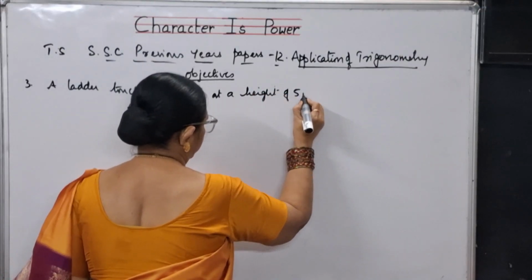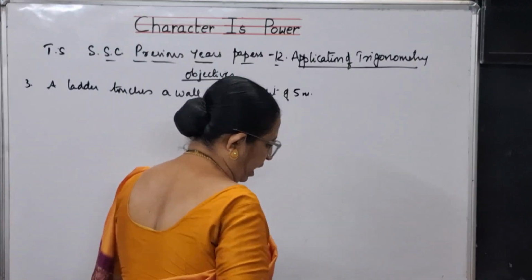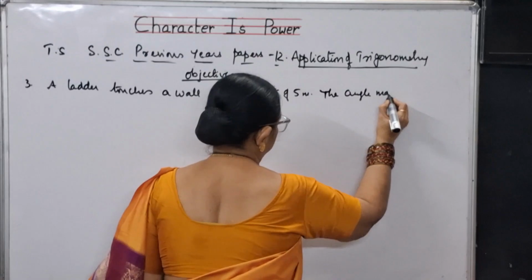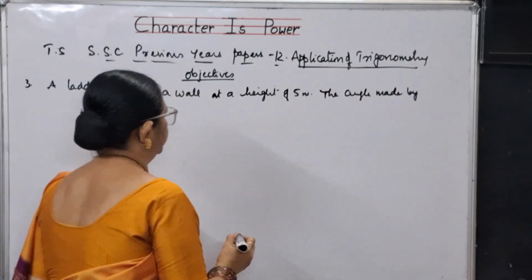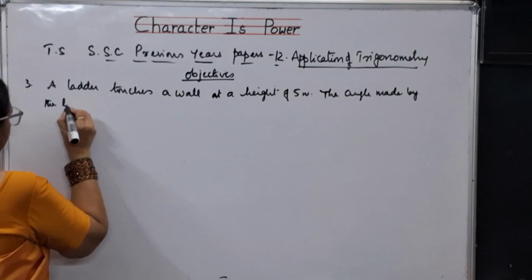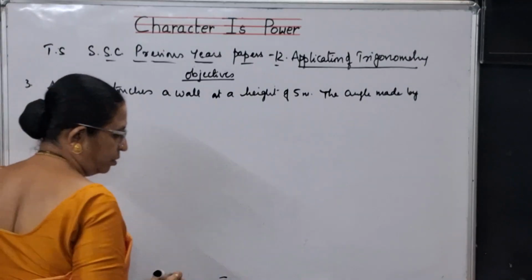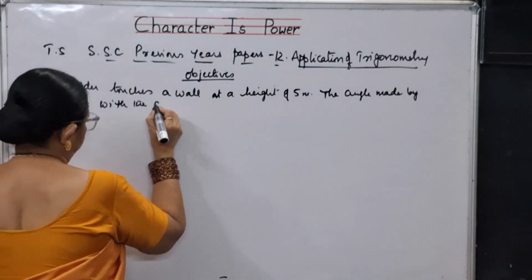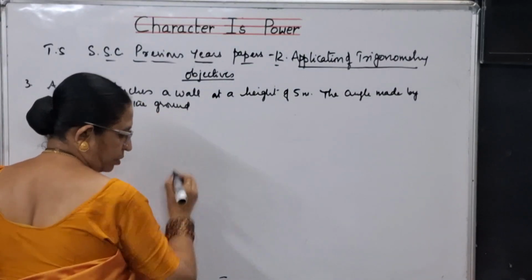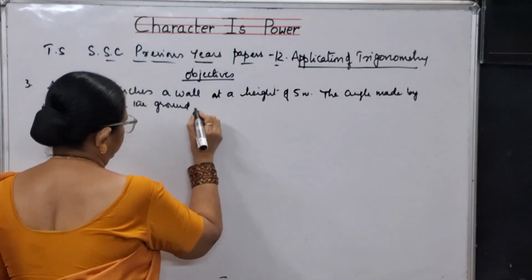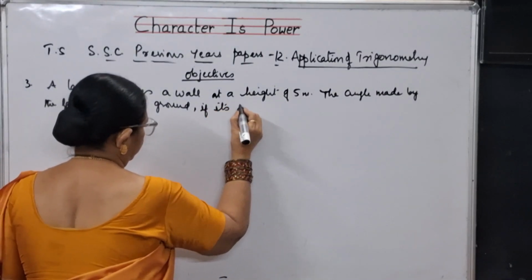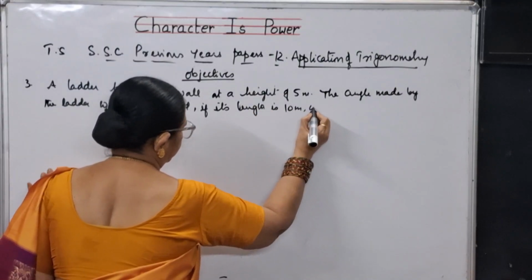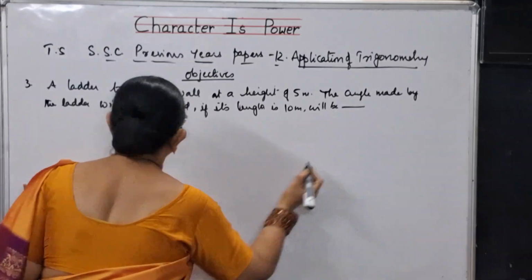The angle made by the ladder with the ground, if its length is 10 meters, will be dash.